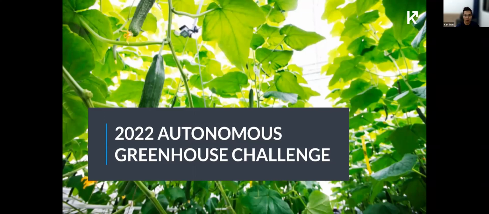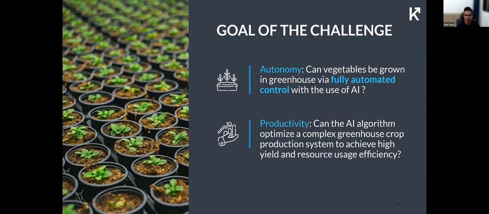And then I'm going to move on to our recent win at the 2022 Autonomous Greenhouse Challenge, and on lettuce, not on cucumbers. So the goal of the challenge, for those who don't already know, is twofold. One is autonomy. So can vegetables be grown in a greenhouse or environment in a fully automated way with the use of AI?